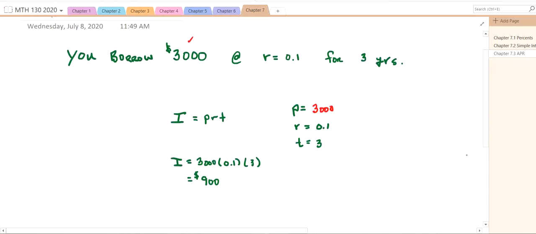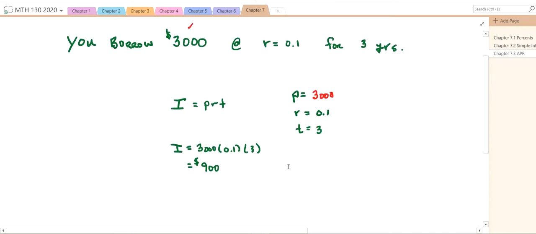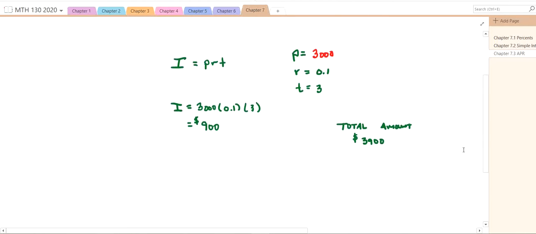Well, that's pretty straightforward. But there's an issue. And let me just say here, the total amount would then be $3,900 that you owe at 3 years. There's an issue here. And the issue is, usually lending companies will split this up into payments.